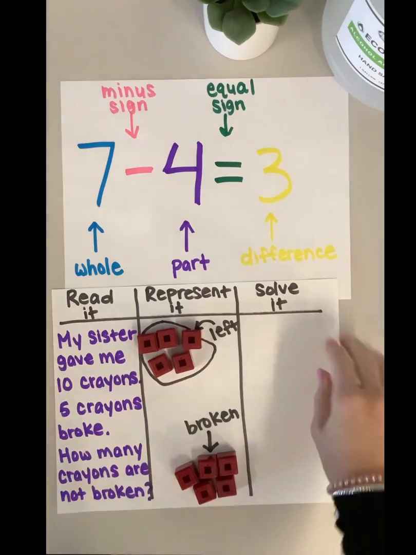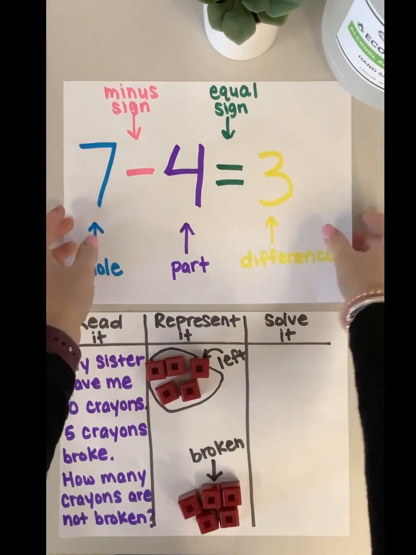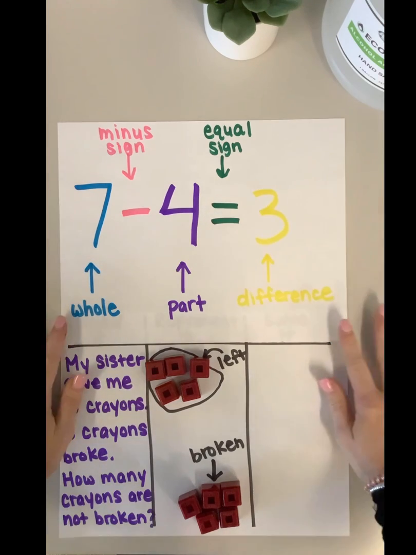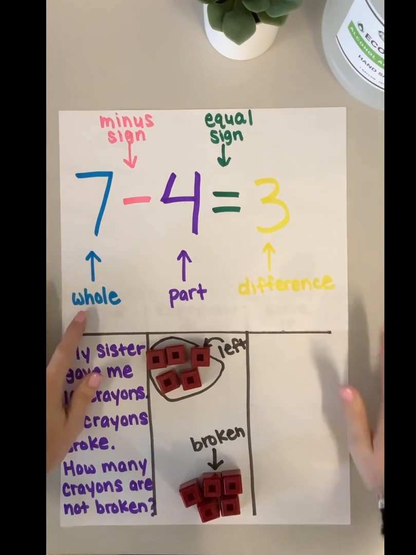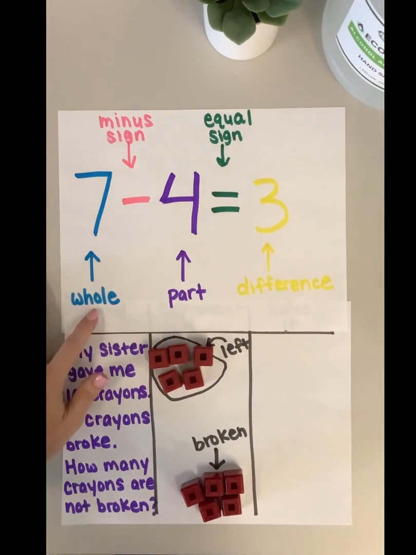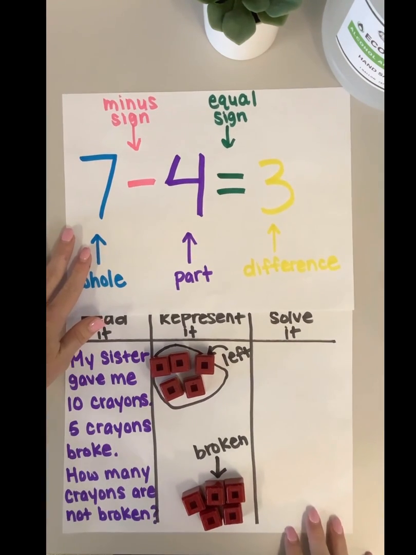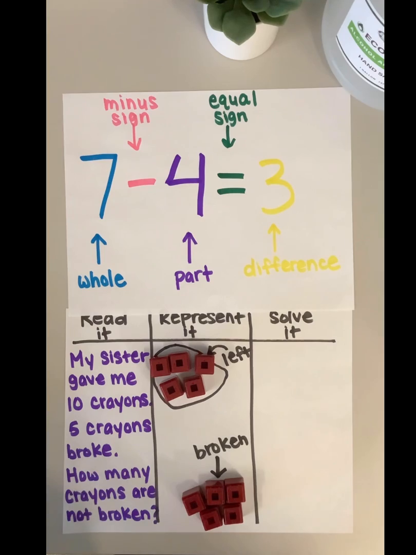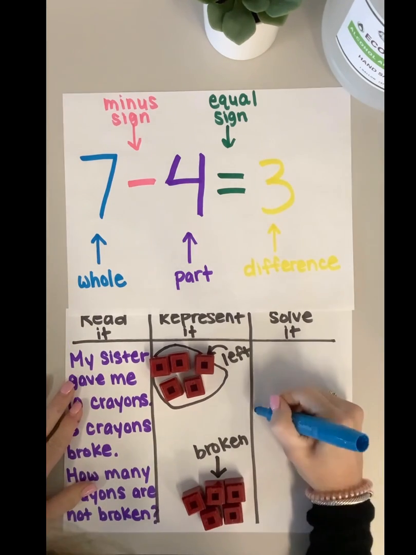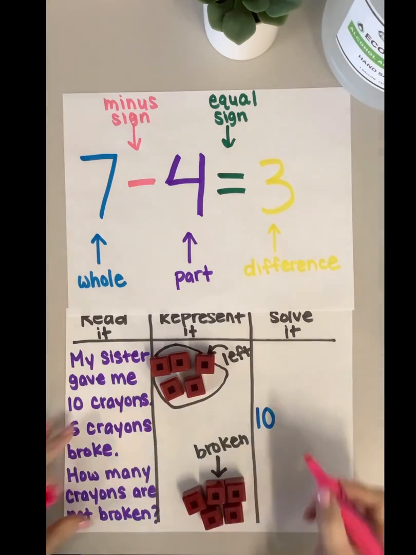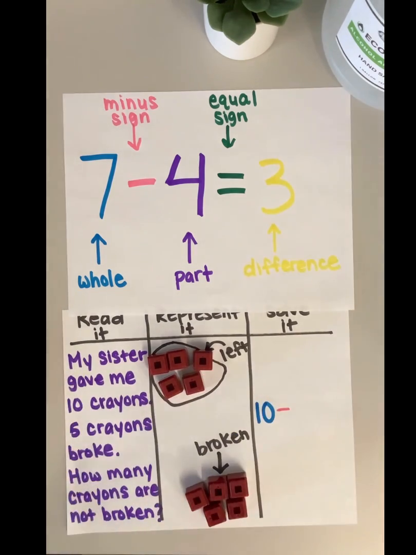Now, we just learned the parts of a subtraction problem, and we need to put all of those parts to solve our problem. So we're going to start with the first part, which is our whole. What was my whole in the problem? 10. Good. Now I know I'm subtracting, so I'm going to write minus. Now what's my part? How many were taken away?